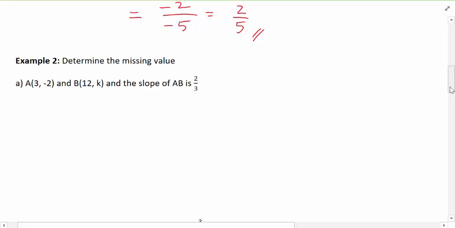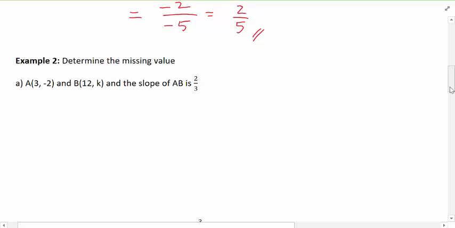I've given you the what? The slope already. So guess what formula you should use? You're going to use the slope formula. Okay?